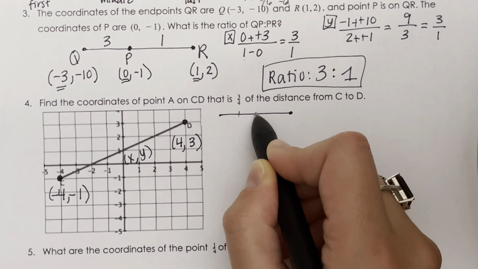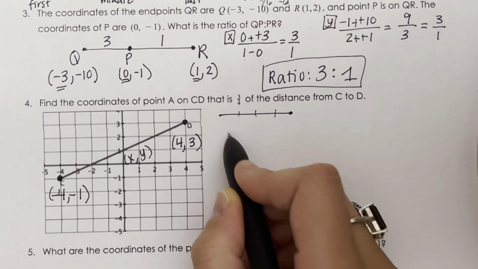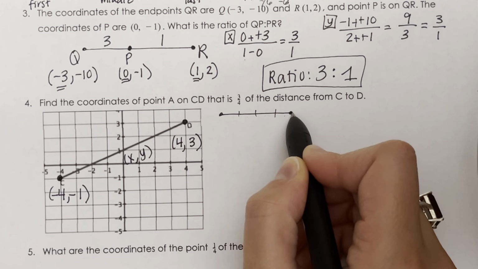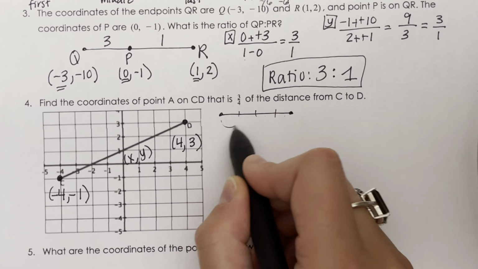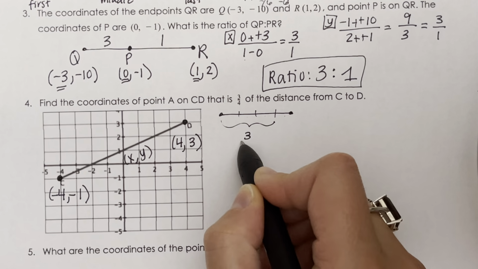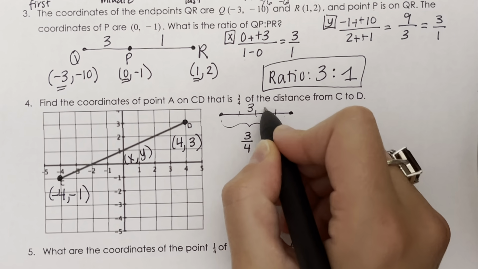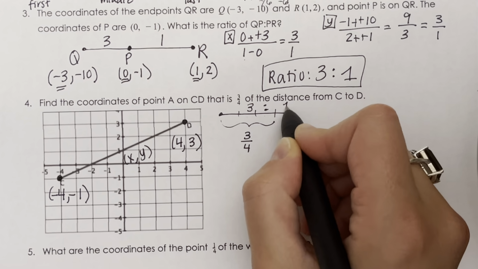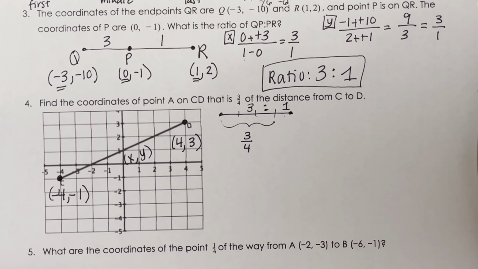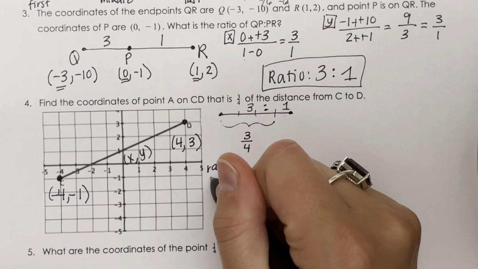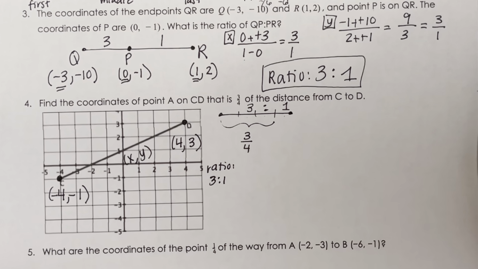Here's 1 piece, 2 pieces, 1, 2, 3, 4 pieces in total, right? If I'm writing that as a fraction, this section here is 3 out of the 4. But if I'm talking about pieces, it's 3 pieces versus the 1 piece that's right here. So the ratio I'm going to use for this is 3 to 1.